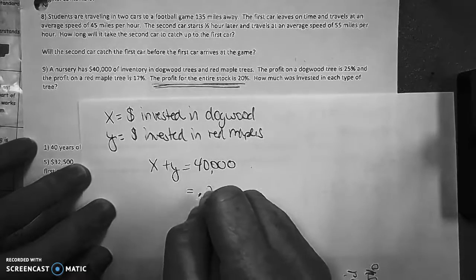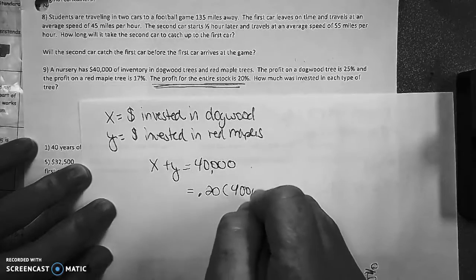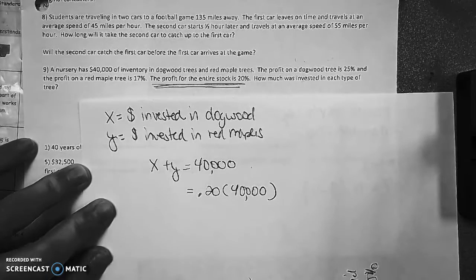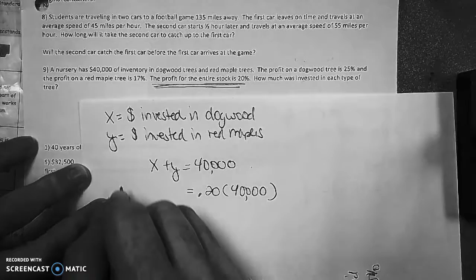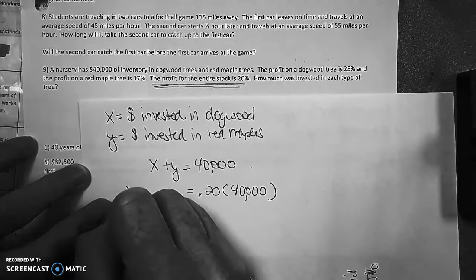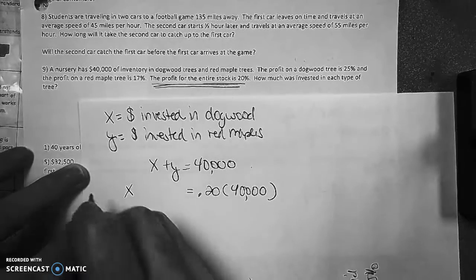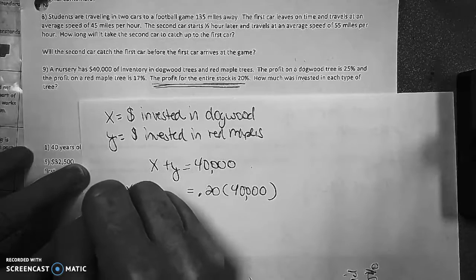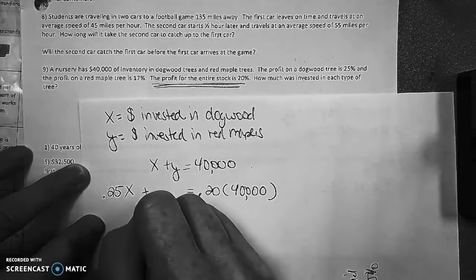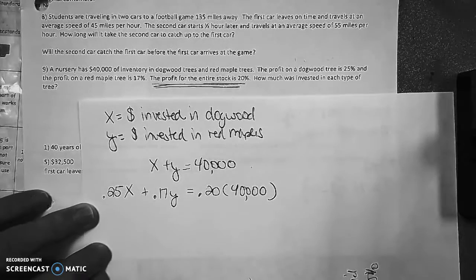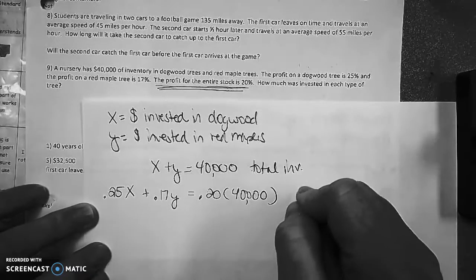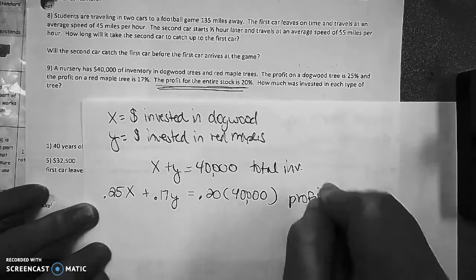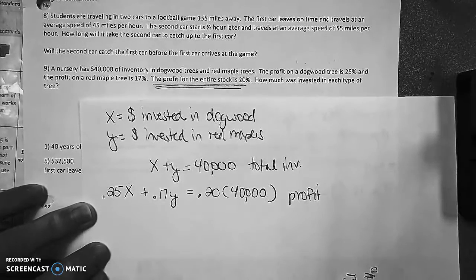So you're going to make 20% of your $40,000, your total investment. Now, how do you make that 20%? Well, for every dollar of X, you've made 25% off your dogwood trees, and you've made 17% off your maple trees. Okay, so your first sentence here is about your total investment, and your second equation here is all about profit.